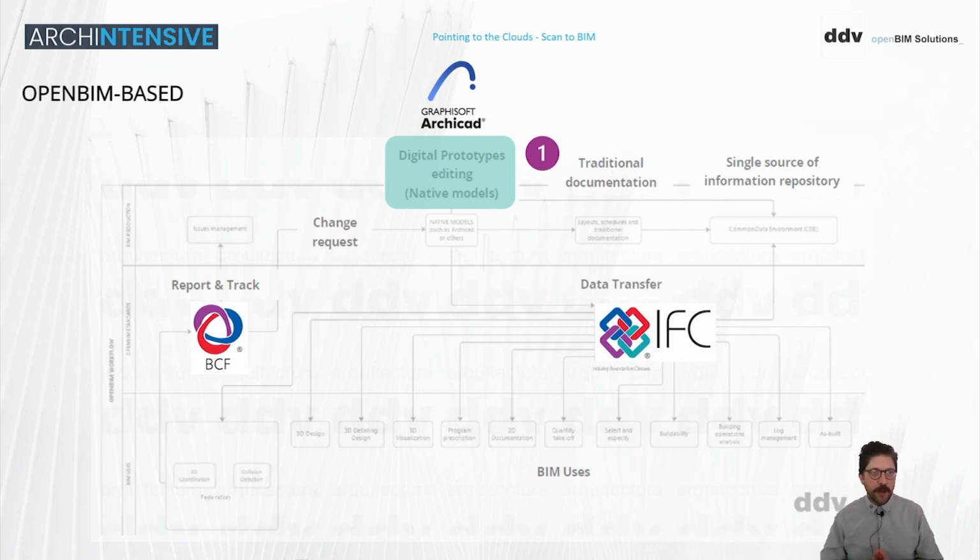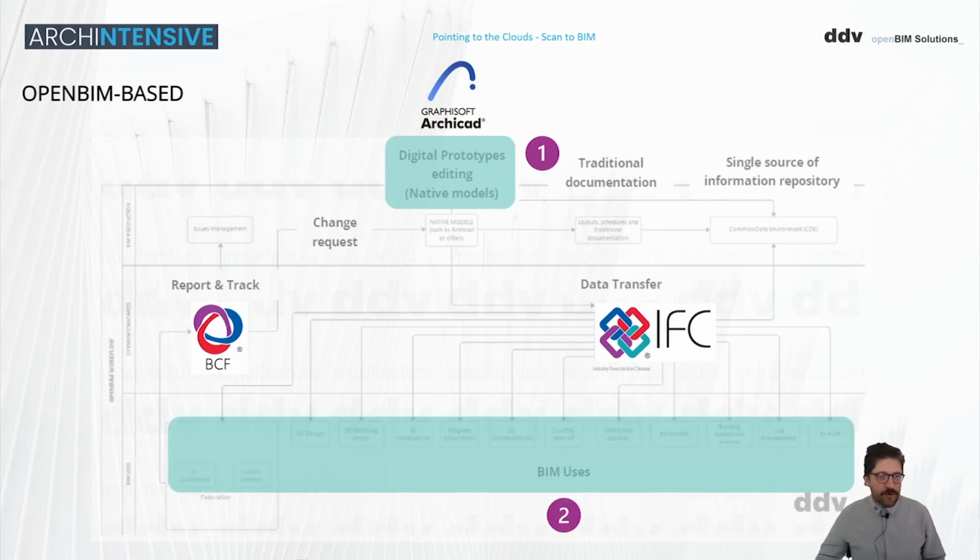We could call it also digital prototype. And traditionally, we are creating different types of documentation, such as 2D drawings, schedules, spreadsheets, whatever traditional documentation. But additionally, in applying this workflow, what we are doing is creating another type of information models based on an open data schema called IFC, Industry Foundation Classes.